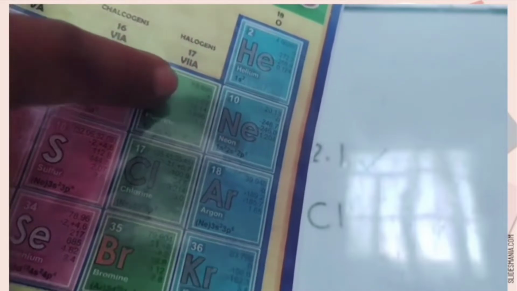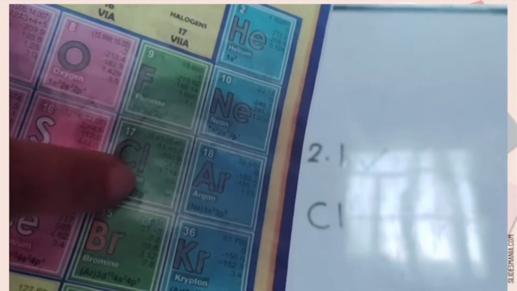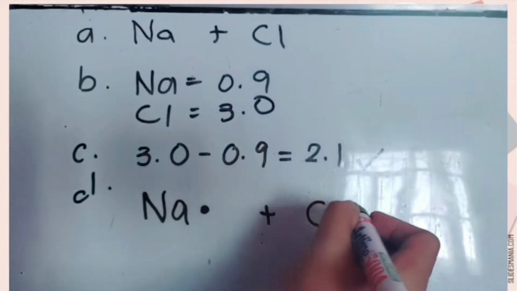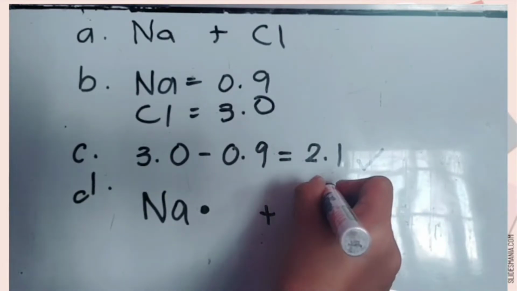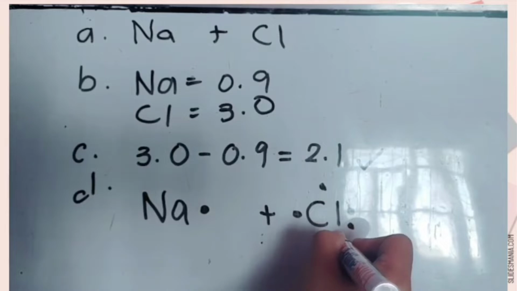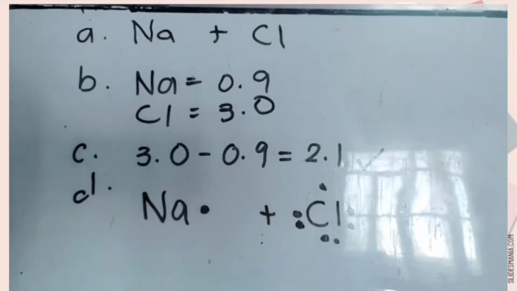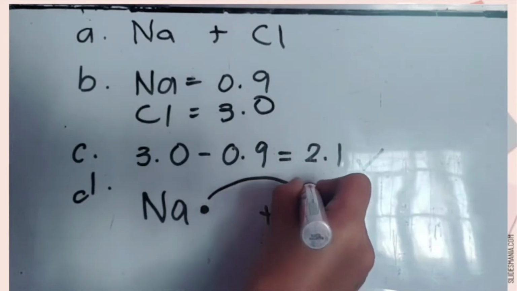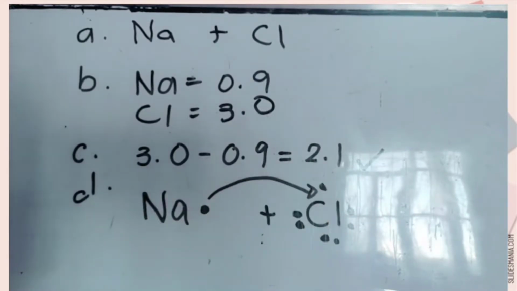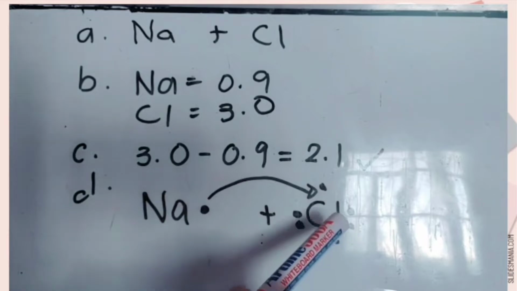So, the valence electron of chlorine is also 7. So, 1, 2, 3, 4, 5, 6, 7. Then, with the use of an arrow, show the complete transfer of electrons. So, the electron of sodium will transfer to chlorine.